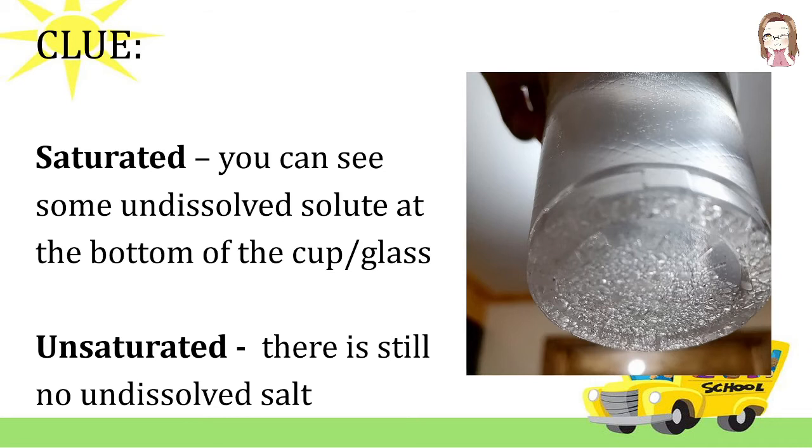Unsaturated naman, yung solution na magagawa ninyo dyan sa experiment na yan, kapag there is still no undissolved salt. Pag wala kayong nakikitang mga undissolved salt or sugar sa ilalim ng baso. Okay, so those are the clue. So, it's either solution A or solution B. So, dalawa lang yan.